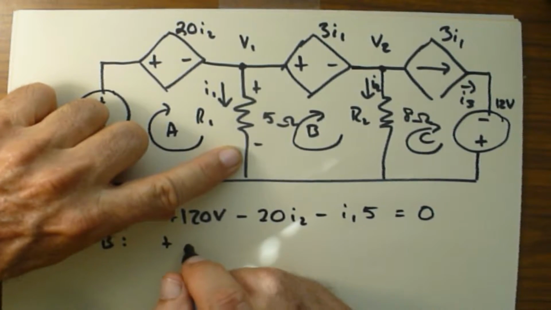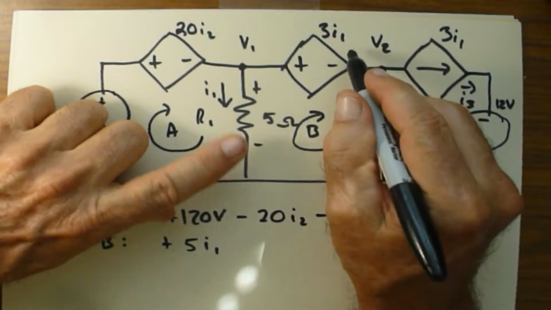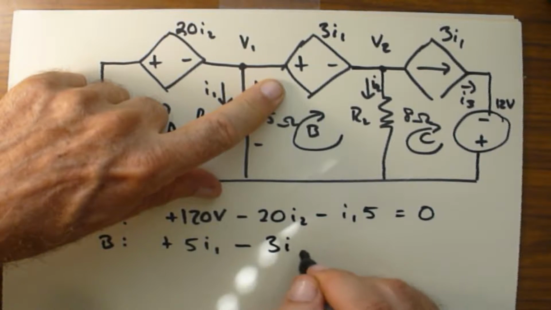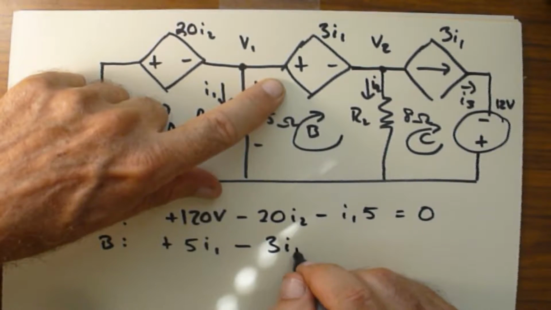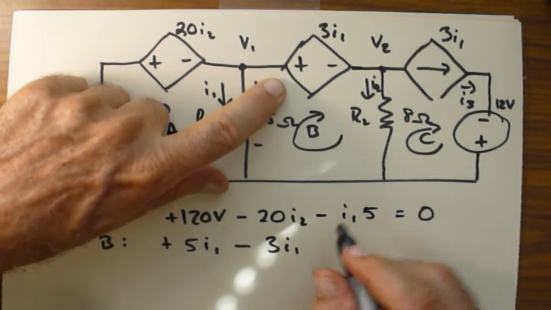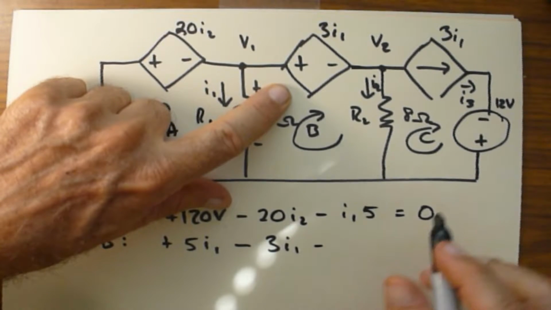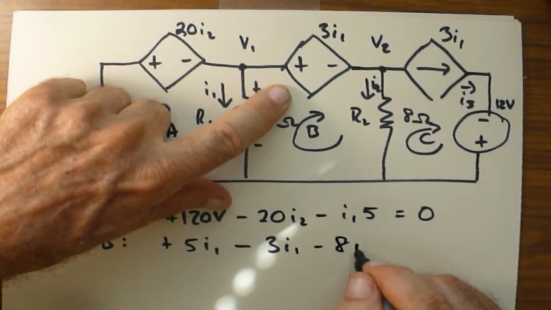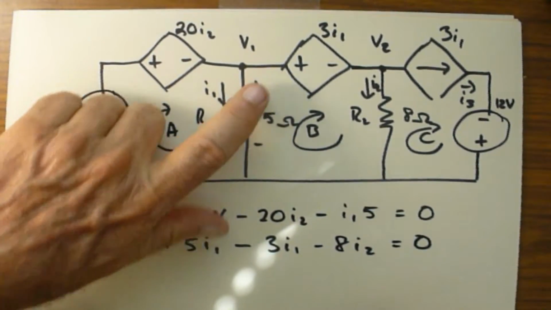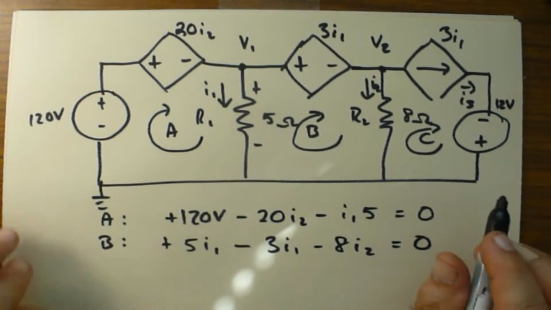So plus 5 ohms times I1, and then this is from positive to negative, so it's minus 3 times I1. And then the last one is minus 8 I2. And all of those add up to 0. Okay, so that's loop A and B.